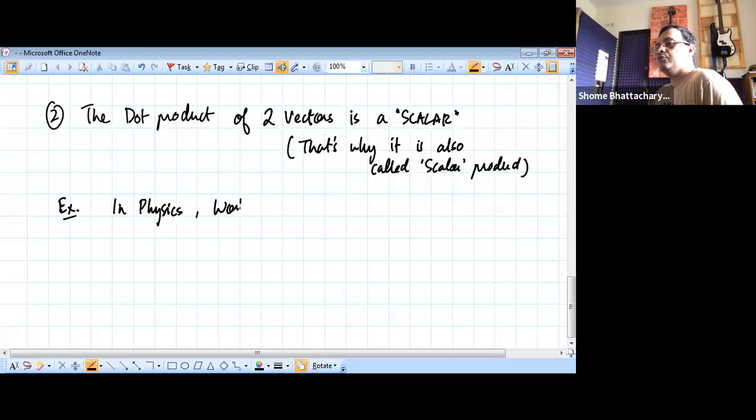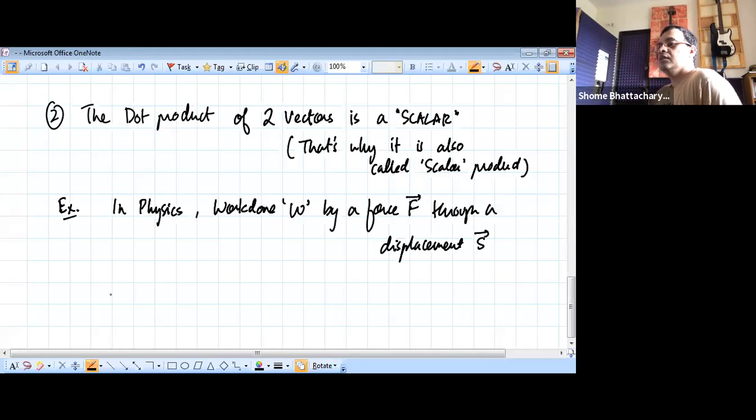The work done W by a force F through a displacement S is defined as, actually the proper definition of work done, which you would not have studied in 9th, 10th because you've not done vector algebra then. Okay. So the definition of it is that work done is the scalar product of force and displacement.